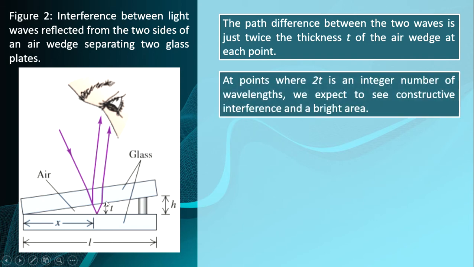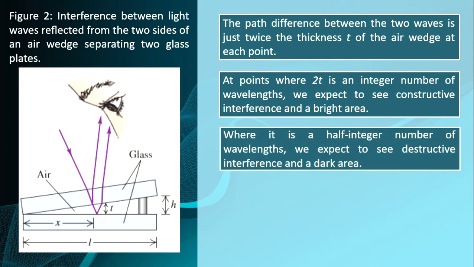At points where 2T is an integer number of wavelengths, we expect to see constructive interference and a bright area. So we always see a bright area if we mean constructive interference. Where it is a half integer number of wavelengths, we expect to see destructive interference and a dark area.